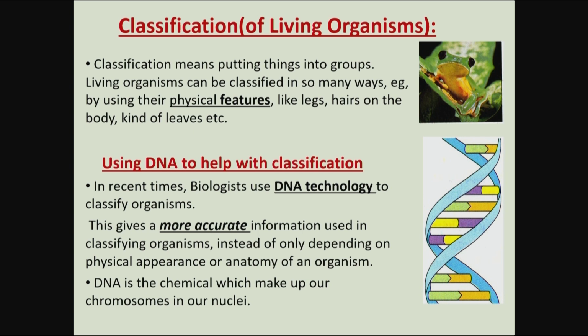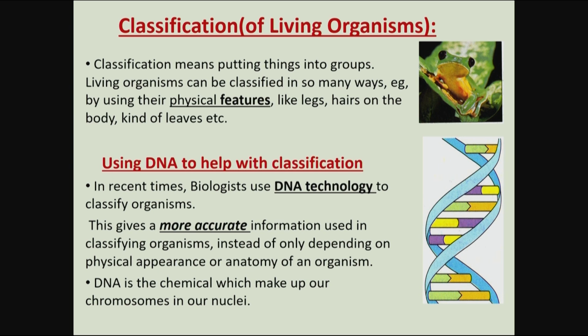Now, what is classification? You all know we have over 10 million different species of living organisms here on Earth. And all these living organisms, we try to sort them into different groups depending on their physical features, how they look, their internal anatomy, their physical appearance.